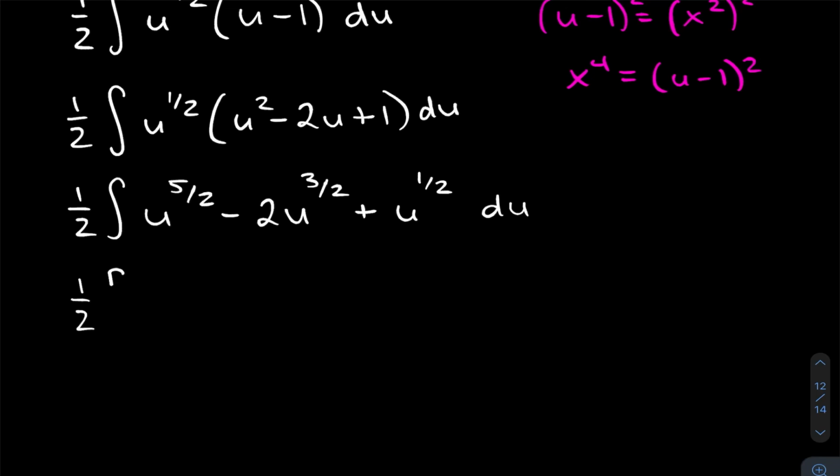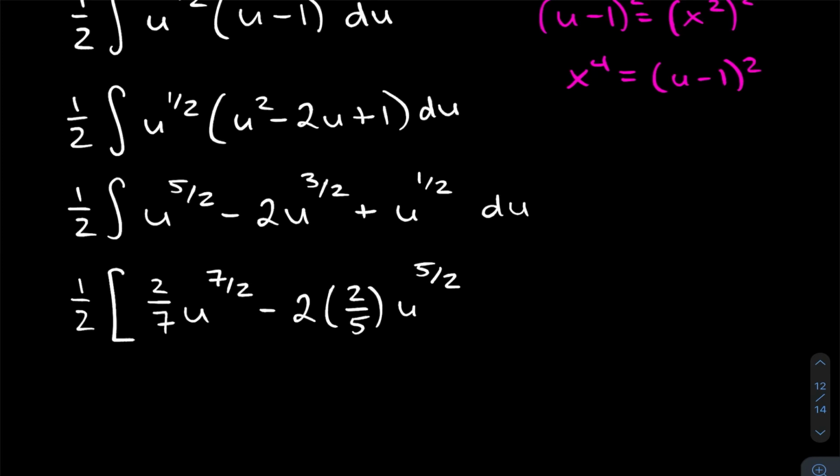So now we're going to have 1/2 times. We do reverse power rule. This becomes u to the 7/2. Bring that out front and flip it. This is a 2 times something u to the 5/2. Bring that out front and flip it. u to the 3/2, bring it out front and flip it. Plus c.